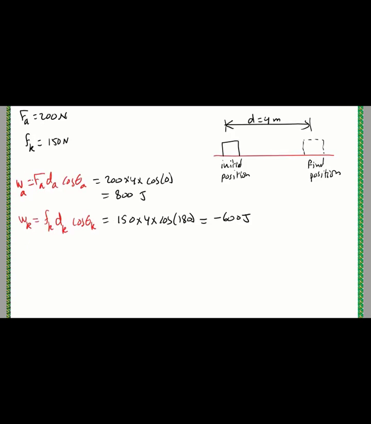Now the work by gravity equals Fg dg cosine theta g, and this is 0 because the angle between the displacement and the force is 90. Finally, the normal force: d cosine theta for the normal force is 0 because it is normal.